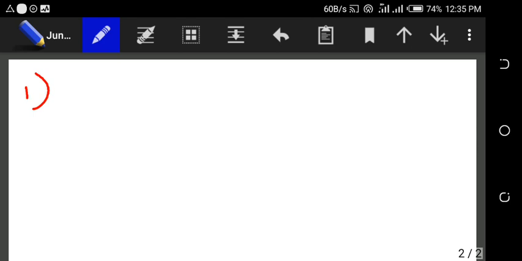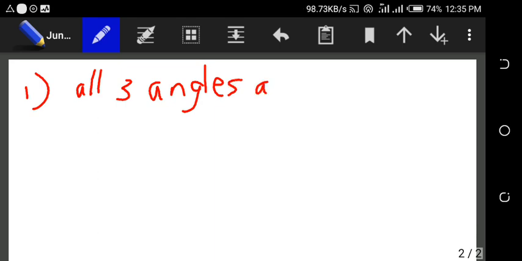where you can apply the sine rule in a triangle whereby all three angles are given, and one side.